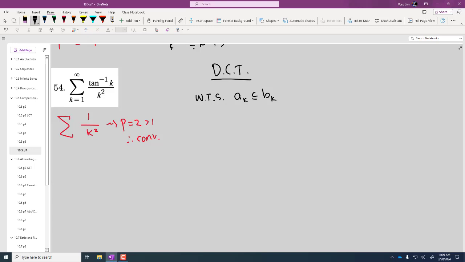But when we plug in our a's right here, the a is the one we're analyzing. That's not true if we choose a numerator of 1 for this. But what we know is that that numerator is always less than pi over 2.